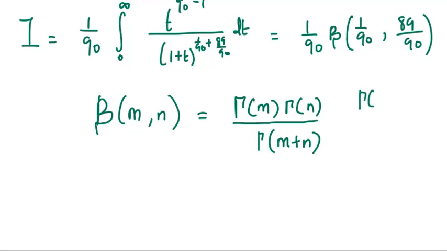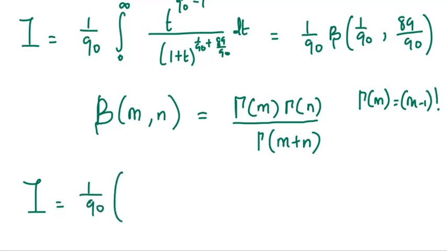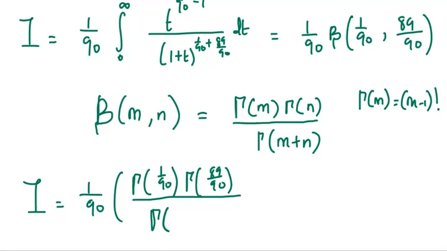So it implies that the gamma of m is simply m minus 1 factorial. You get the idea? So our I is going to be equal to 1 divided by 90 times gamma of 1 over 90 multiplied by gamma of 89 over 90, divided by the gamma of 1 over 90 plus 89 over 90.